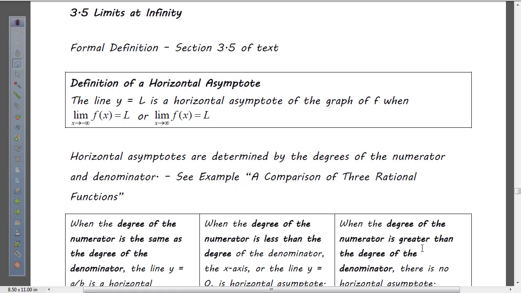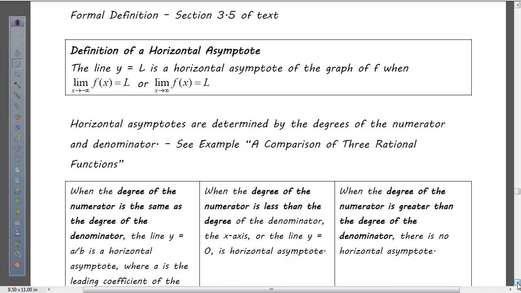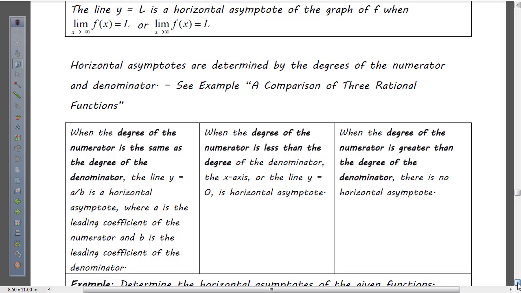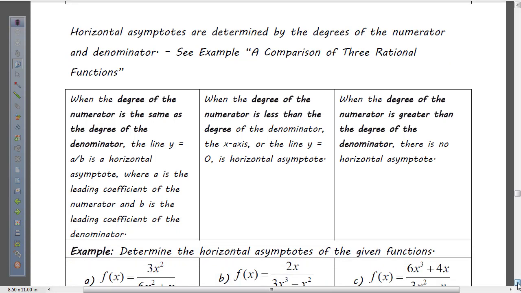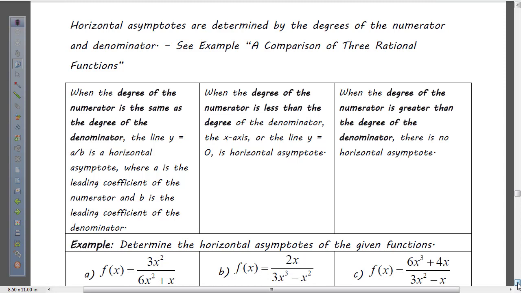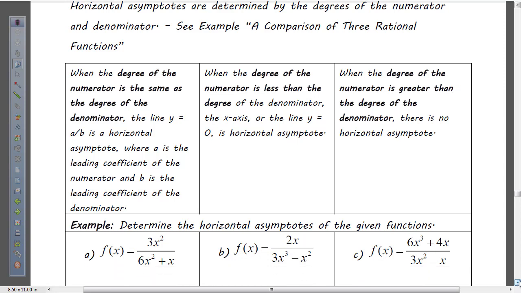We actually talked about this in college algebra or pre-cal, where we looked at finding these horizontal asymptotes. I just copied this from my Math 110 college algebra notes. So we're going to use these same rules to help us determine what the horizontal asymptotes of some of these functions might be.